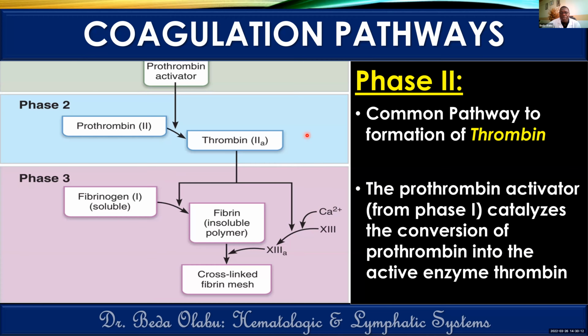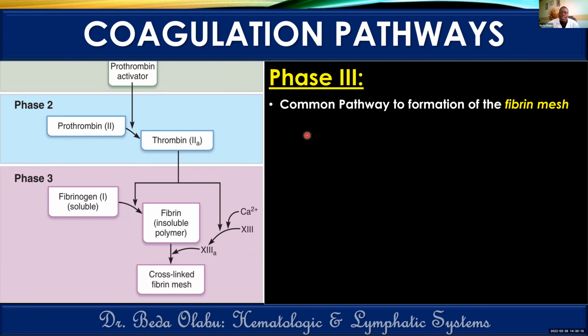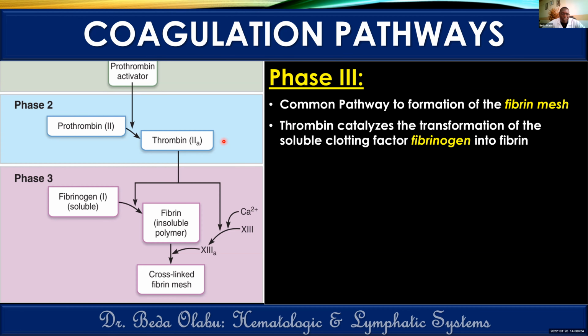After phase 2 now, we can talk about phase 3. Phase 3 is the common pathway to formation of the fibrin mesh. This is what happens. The thrombin that has been formed catalyzes the transformation of the soluble fibrinogen, factor 1, into the insoluble fibrin, which is this one here.